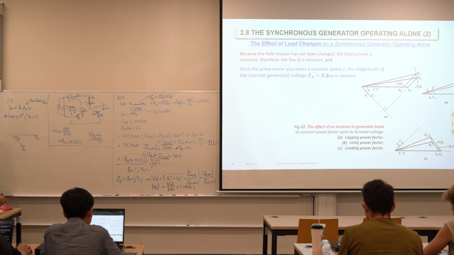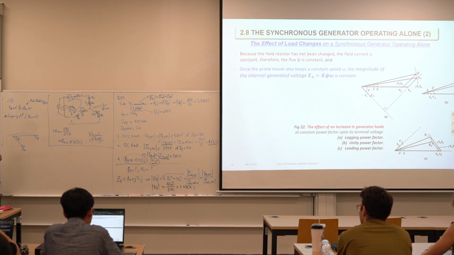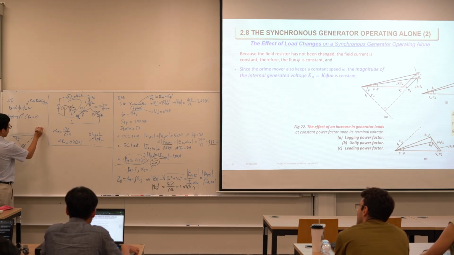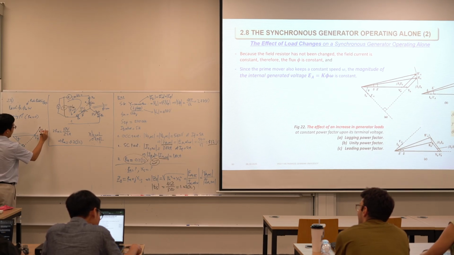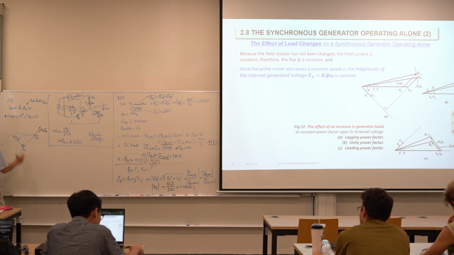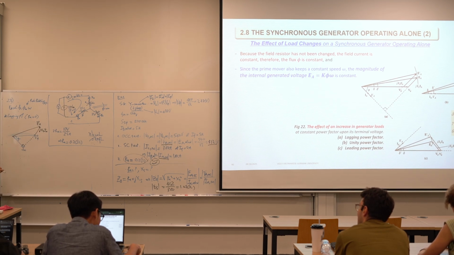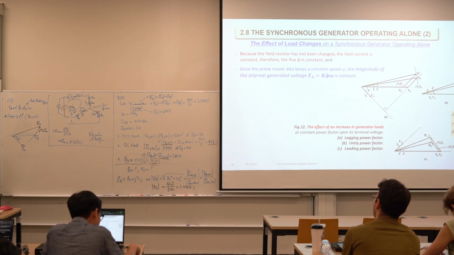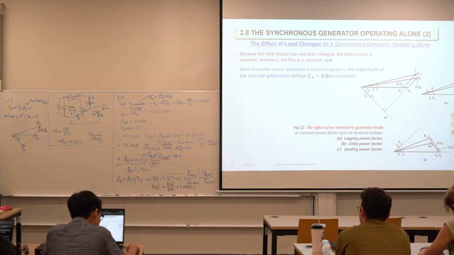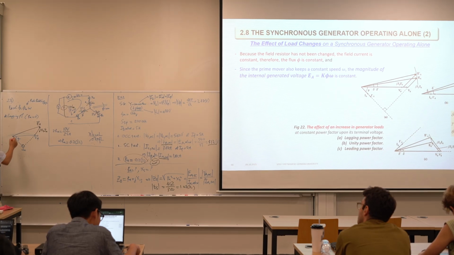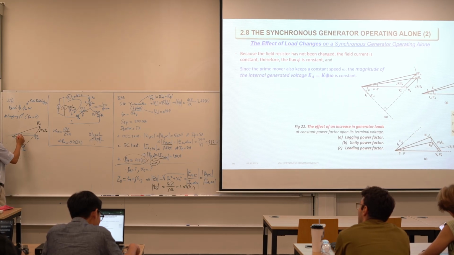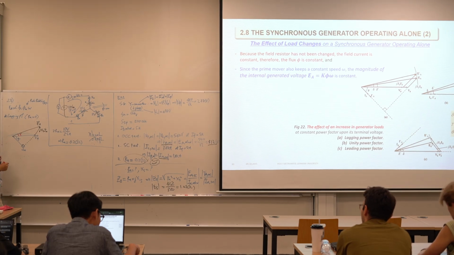Okay, and then we ignore RA, so we just have jXS IA, and this one is EA. And of course this one is delta.